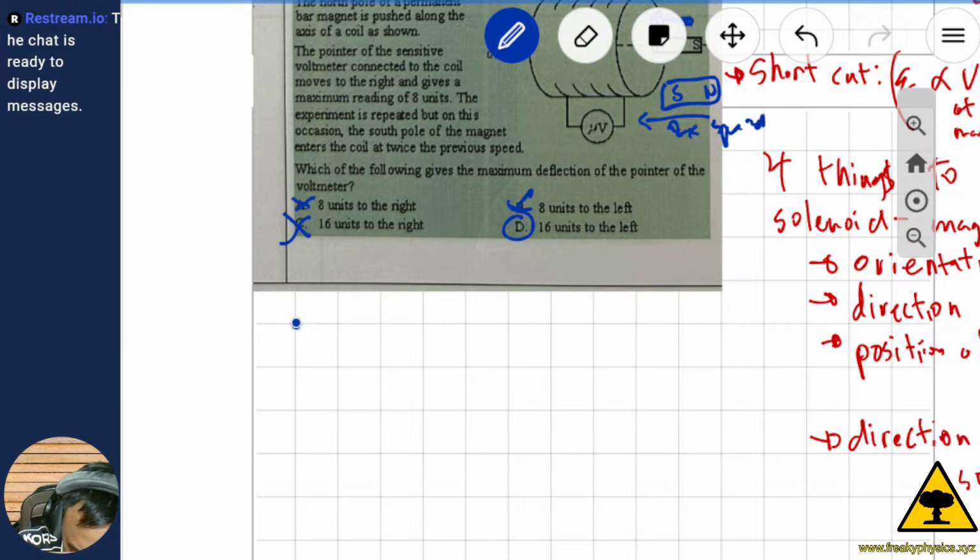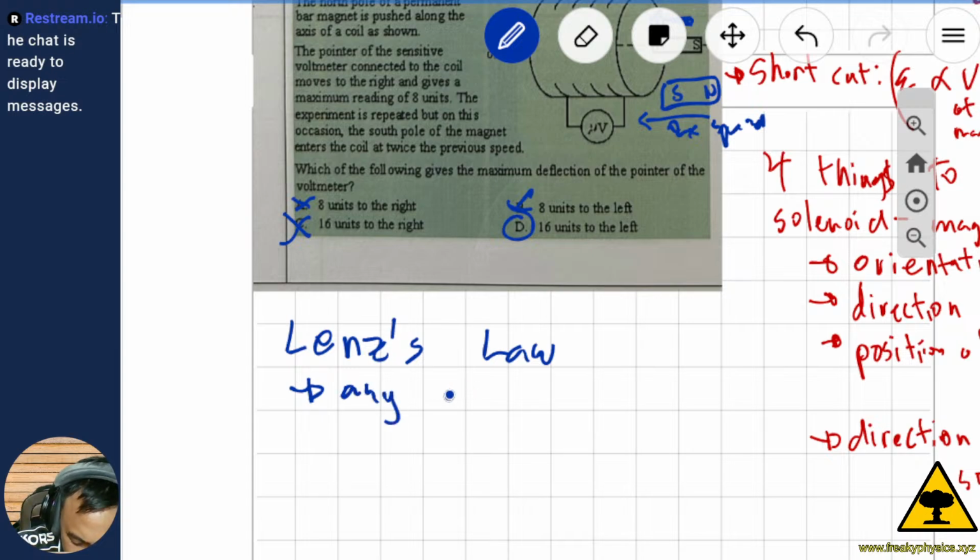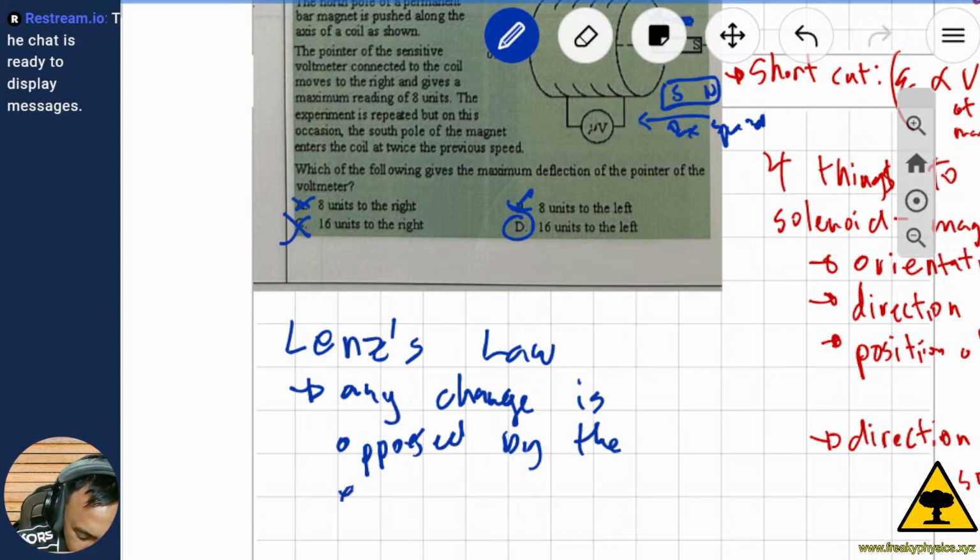I'll just say the name of the law first. Lenz's law. Lenz's law basically says any change is opposed by the EMF induced.